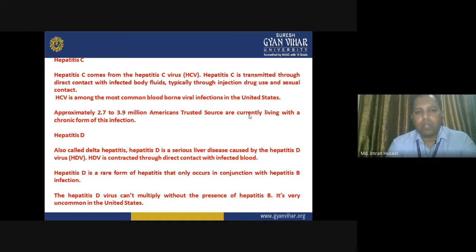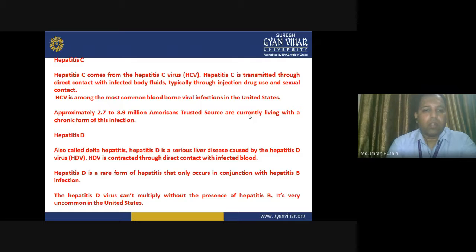HCV is among the most common blood-borne viral infections in the United States. A lot of people, 3.9 million Americans, suffer from this chronic infection.